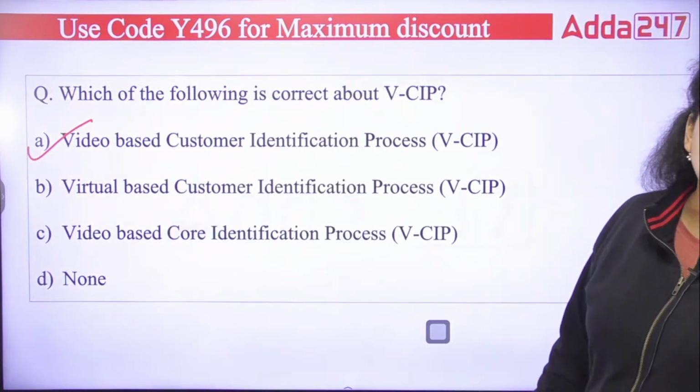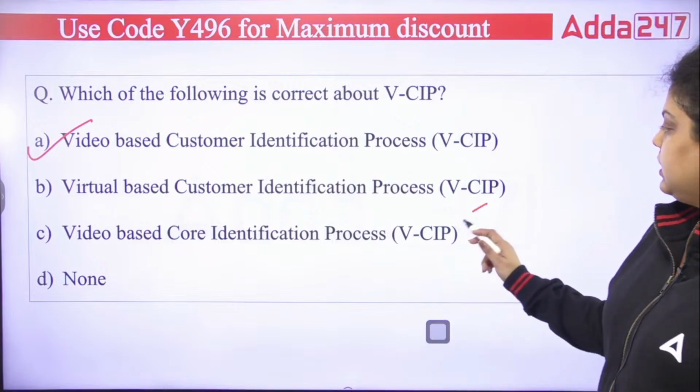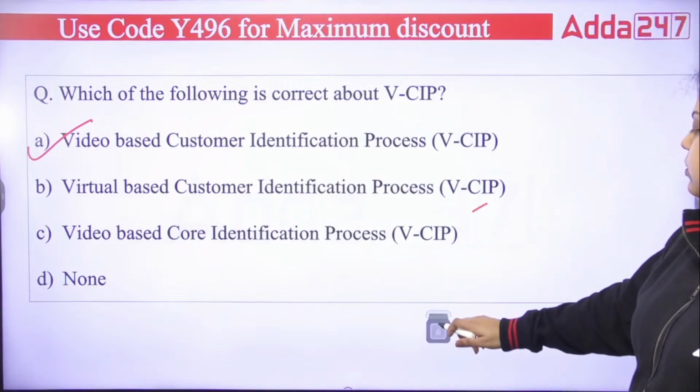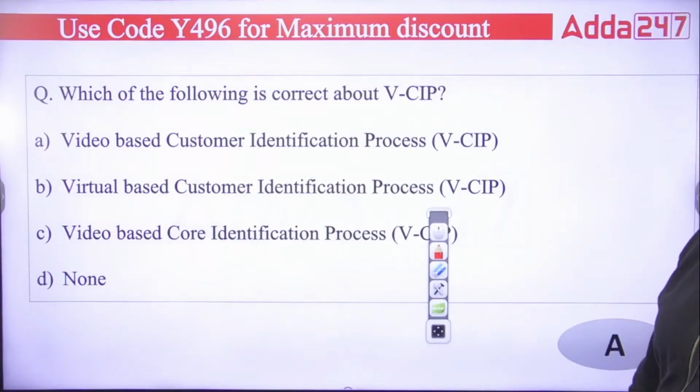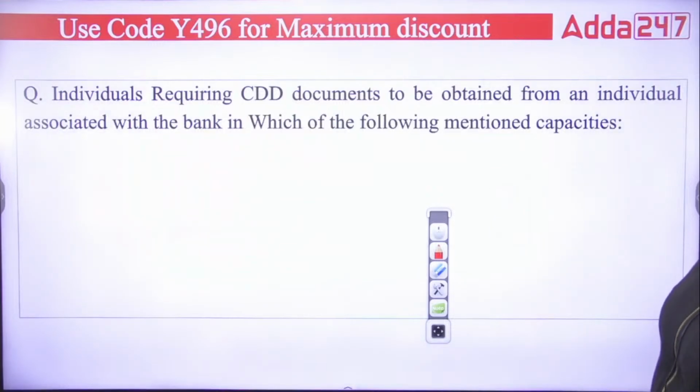That is your VCIP. So the right answer will be your A option. Clear? Next question.